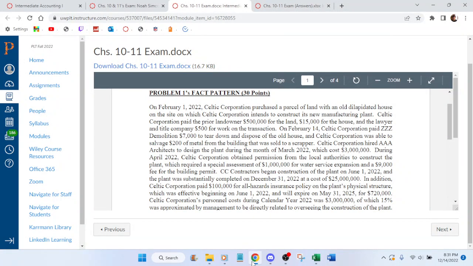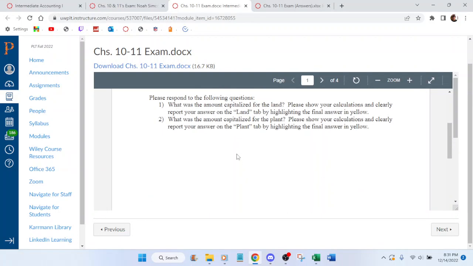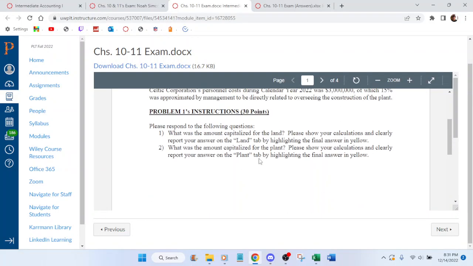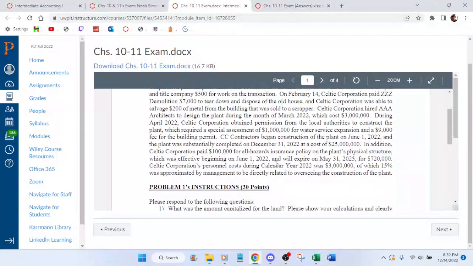The insurance policy, but you only do the 2022 because we're looking for, oh no, you do the insurance policy until the end of the construction. The construction ended on December 31st, 2022.